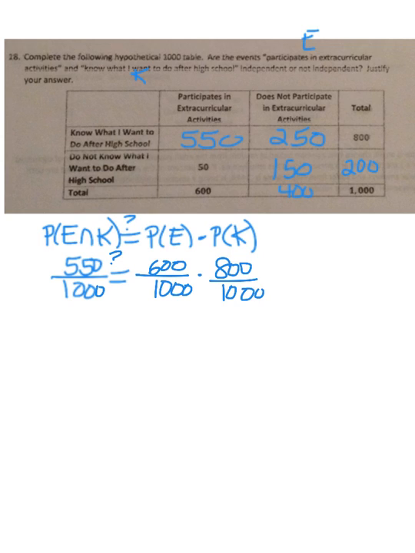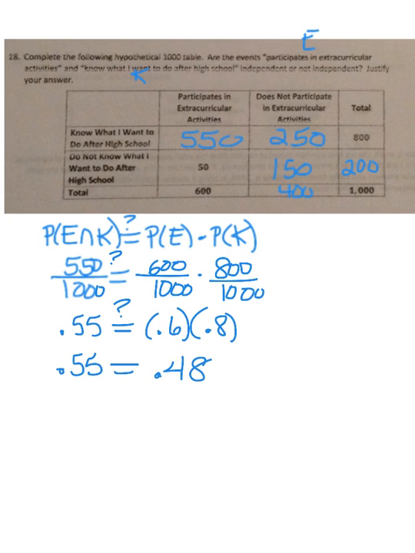Now if I were you, I would take each of these fractions and convert them to decimals. So this is 0.55, equals, maybe, not sure. 600 over 1000 is 0.6, and 800 over 1000 is 0.8. So 0.6 times 0.8 would be 0.48. So no, they're not independent. Okay, so let's state that then.